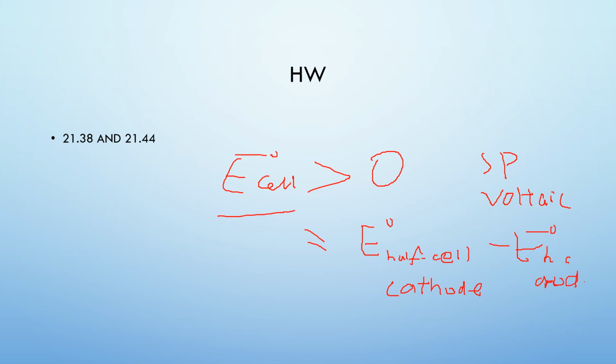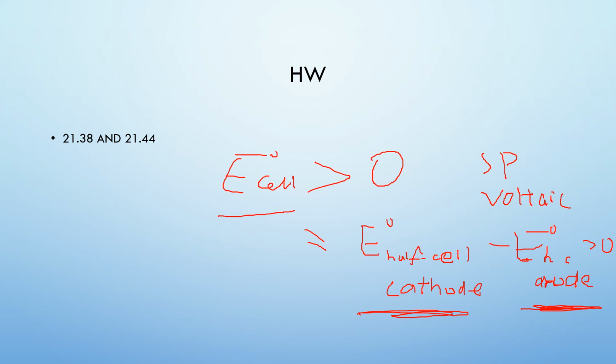It's very hard to write with the mouse. For these standard values, we use appendix D. If the difference is greater than 0, that's good, because that's a spontaneous reaction.